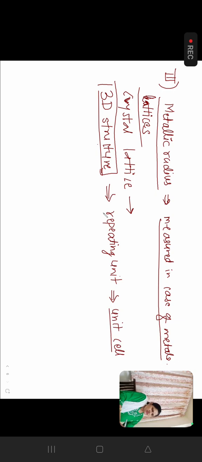Now this topic is a little bit difficult to understand, but I will explain and you will understand it definitely. Metallic radius is measured in case of metals. Metals have crystal lattice. Crystal lattice is a specific arrangement of atoms, ions or molecules.